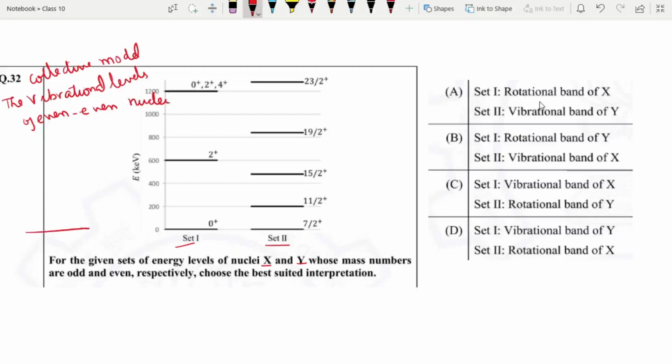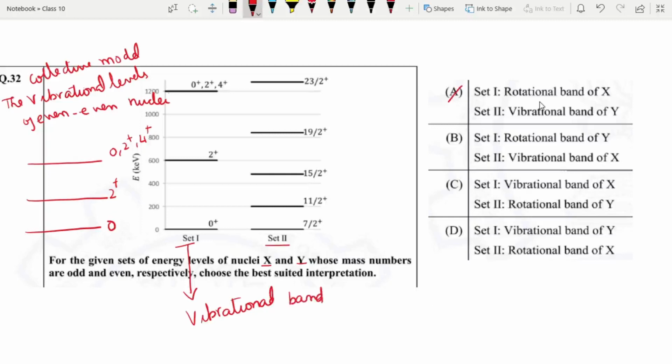Yes, ground state is 0 and the first excited state is 2 plus and the next state is 0, 2 plus, 4 plus. Now if you see the given set, we can say set 1 corresponds to a vibrational band.